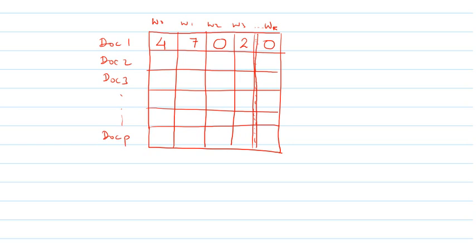So when we binarize it, we are not taking the whole count, but we are just seeing whether word 0 is present in the document or not. So we are just writing 1 in place of 4, we are writing 1 in place of 7, and 0 remains the same. We are writing again 1 in place of 2, and the 0 remains the same, right?